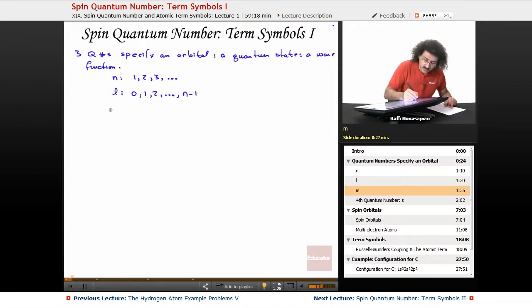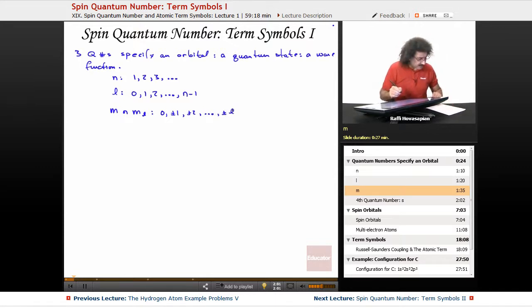And then we also have m, or m sub L, the magnetic quantum number, which is dependent on L, which is why we have this subscript L. It takes on the values of 0, plus or minus 1, plus or minus 2, all the way up to plus or minus L.